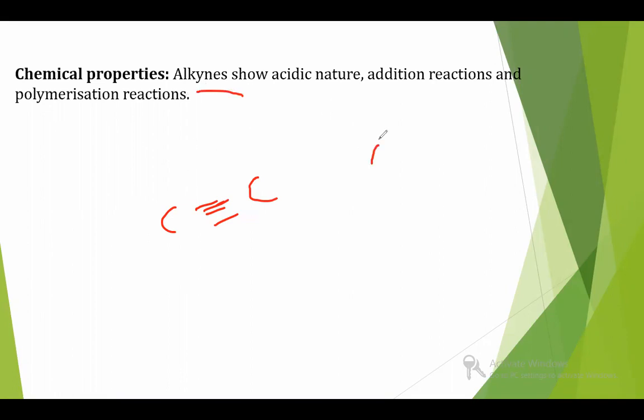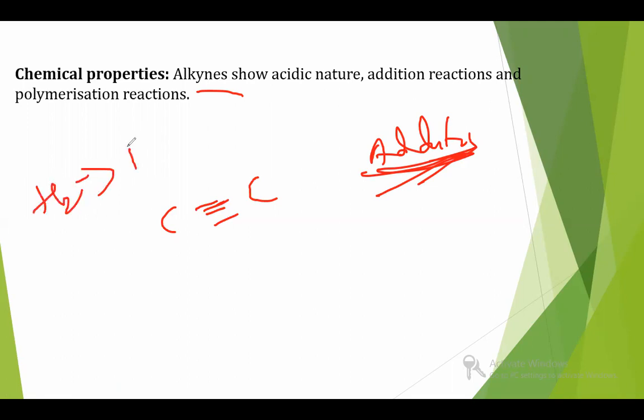Next, addition reaction, because here we have a triple bond. Due to the presence of a triple bond, it shows addition reactions. Addition reactions we studied earlier, with hydrogenation, addition of hydrogen in presence of platinum, palladium or nickel catalyst. Palladium on activated charcoal is called Lindlar catalyst.